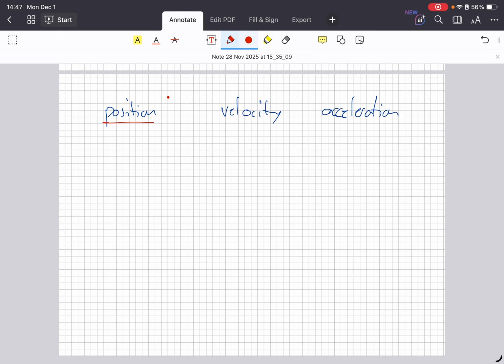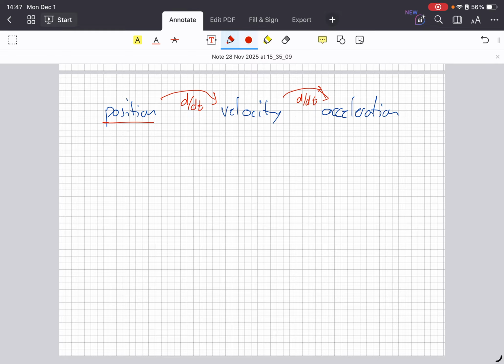The rate of change of that position, signified with a little d by dt here, gives us the velocity. How fast is this thing moving? If we then take the rate of change of that quantity, another little d by dt, we can calculate the acceleration.